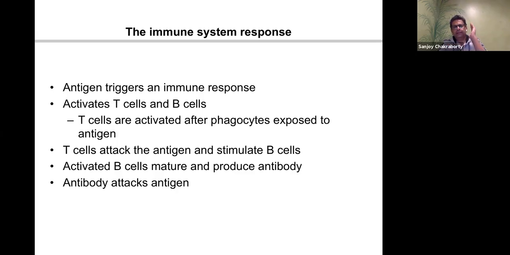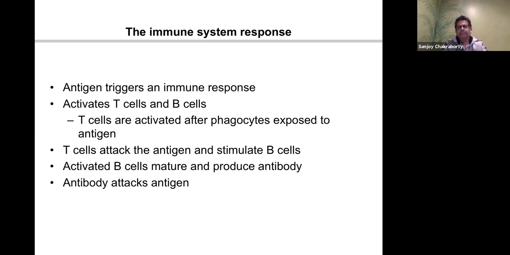So the T cell kills the antigen, but doesn't know how to take care of the toxin, which is another antigen. So they call the B cell, the bomb squad. The bomb squad comes and defuses the bomb. The B cell produces antibody, and the antibody defuses the toxin. So that's how the body actually works.